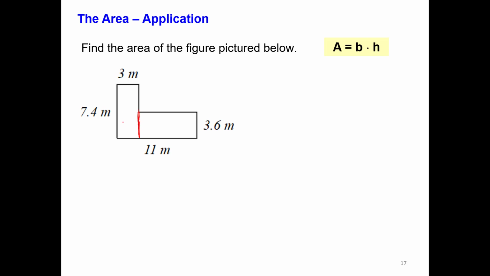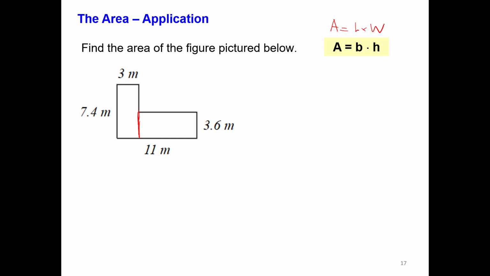We can divide it into rectangles. Then the area of a rectangle is base times height, or length times width. Sometimes people use base times height, or just length times width. They are the same equation. Then let's calculate.